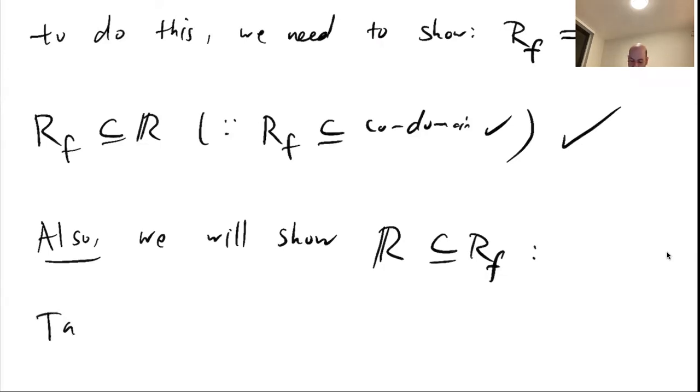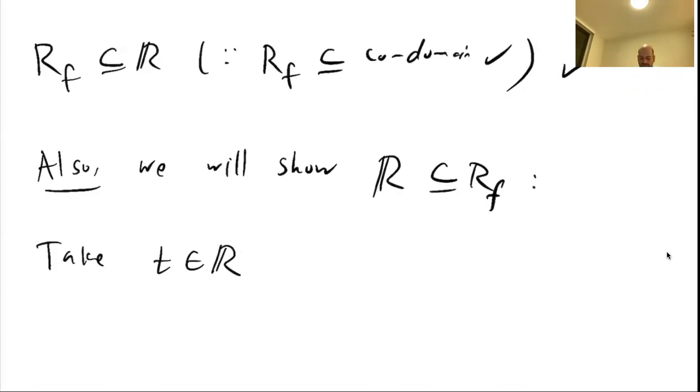So take, let's say y, or let's say t, doesn't matter, you can call it y or t. Let's say t belongs to R. And I want to show that it belongs to range. How can I show that it belongs to range? If I can show that t is equal to f of some input, then that means it has to be in the range. So t equals f of x.